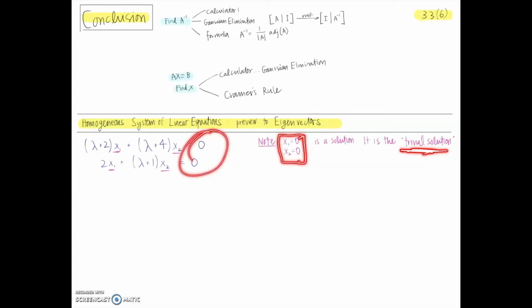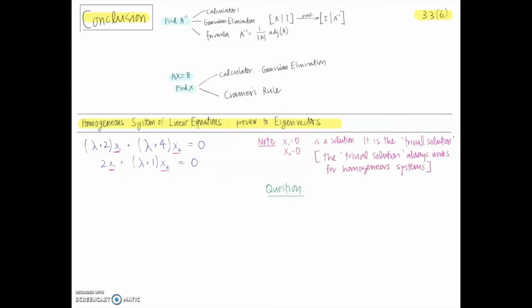A question that comes up though is there possibly another x1 and x2 that would work in this system? Okay, so we know the trivial solution always works for homogeneous systems, but the question we're now going to ask is, is there possibly another solution to this system? And I want you to think about what that would imply.